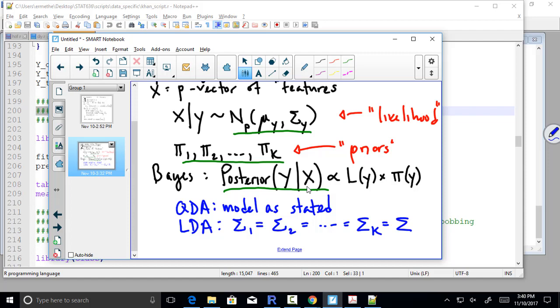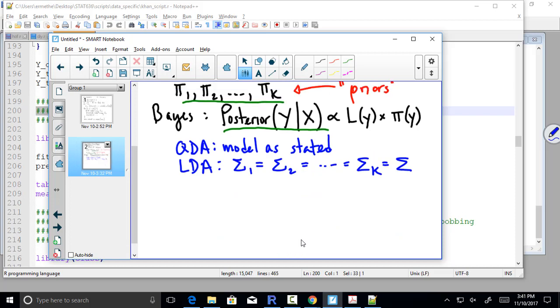The likelihood statement up above allows for each class to have its own mean and its own covariance matrix. That model is the quadratic discriminant analysis, or QDA model. You can simplify that model, so that there are fewer parameters you have to estimate, if you assume that all the covariances are the same. That's linear discriminant analysis, LDA.